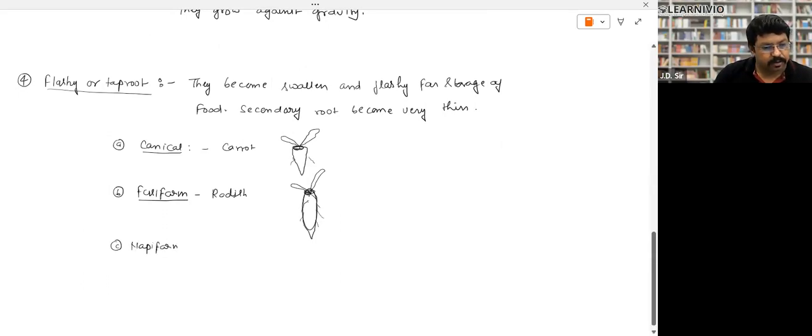Napiform, like sugar beet. Napiform is this kind of shape, and suddenly they taper.